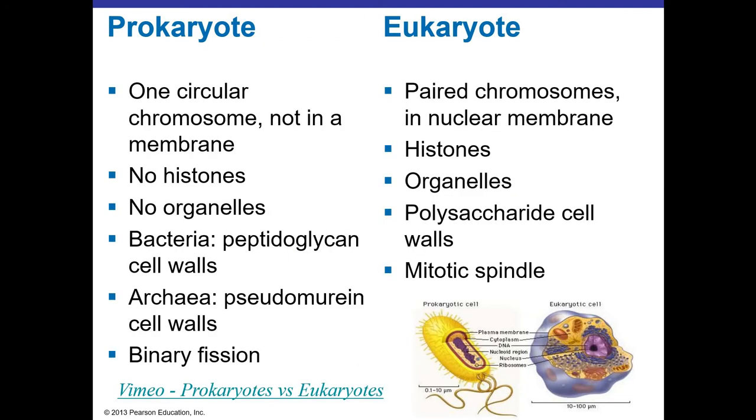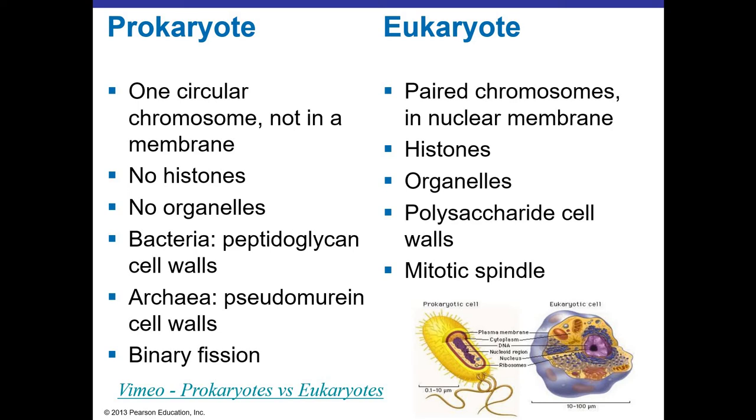However, when we look at what the comparison looks like, it's a little bit beyond just the nucleus or not. First of all, prokaryotes only have one circular chromosome. It's not in a nucleus, so therefore not in a membrane, whereas eukaryotes have paired chromosomes that are in the nuclear membrane, the nucleus.